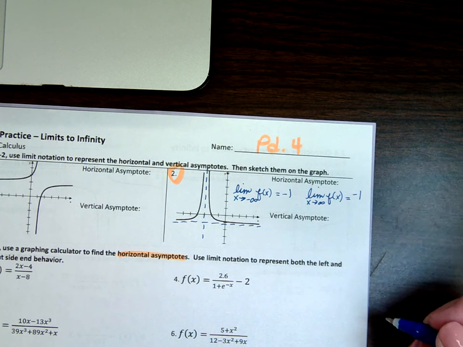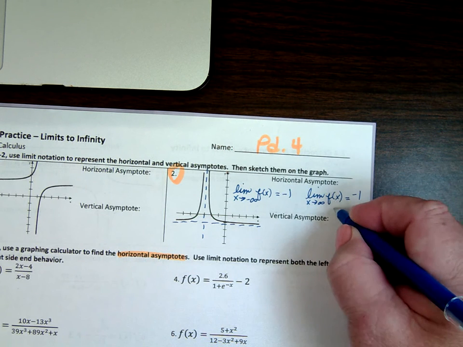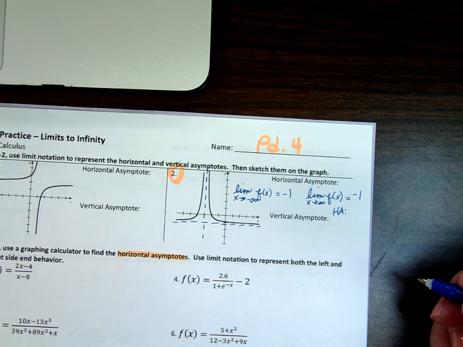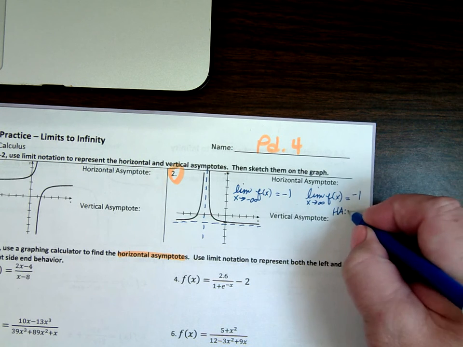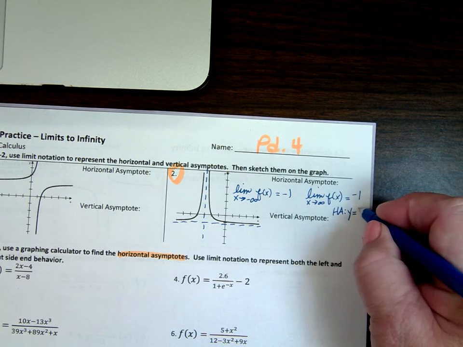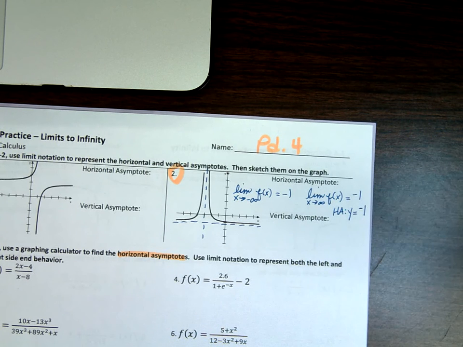And so I know that I have a horizontal asymptote. Horizontals are always y equals, and the number that they both approach is -1. So I have used limit notation to represent the horizontal asymptote.